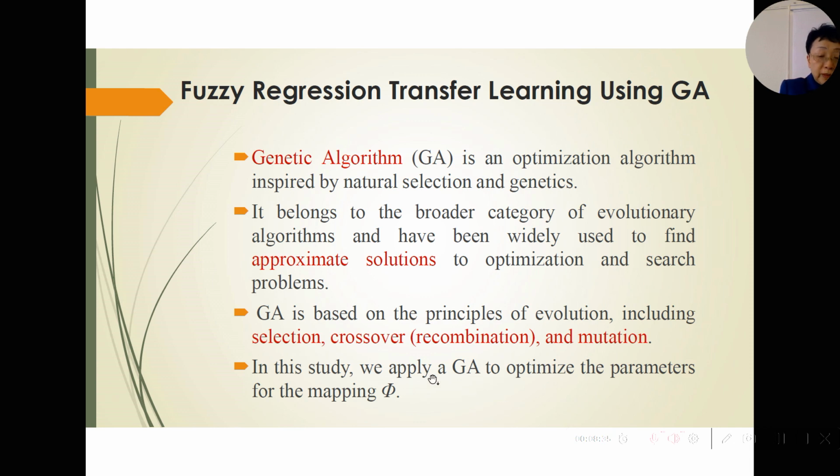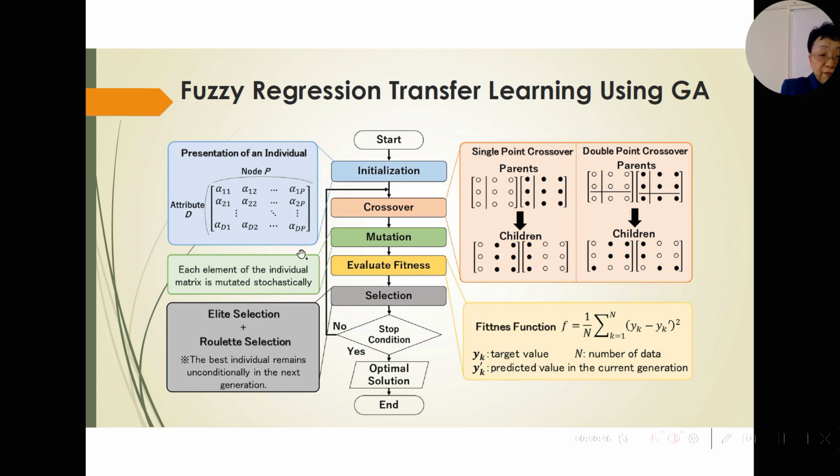In this study, we apply the GA to optimize the parameters of the mapping phi. The flow of the genetic algorithm is as follows: initialization, crossover, mutation, evaluating the fitness of solutions, and selection.